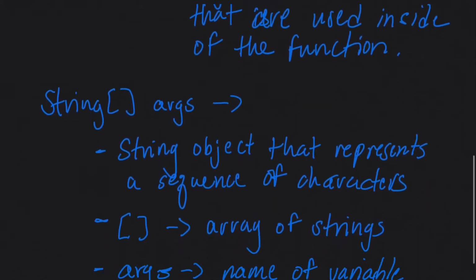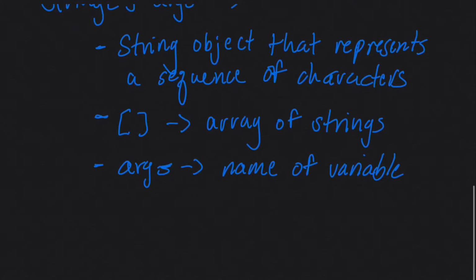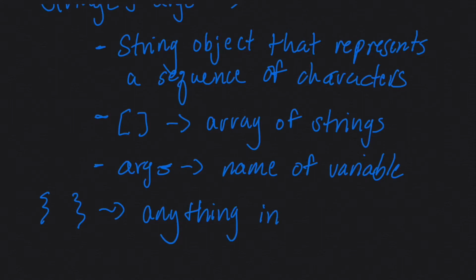Okay, and then after that we have some scoping tags. So these scoping tags say anything inside is local to the method.